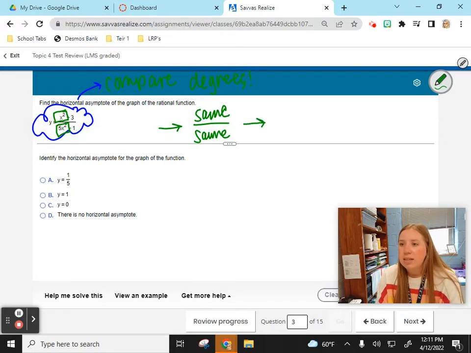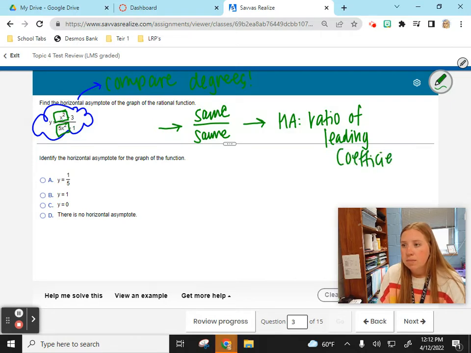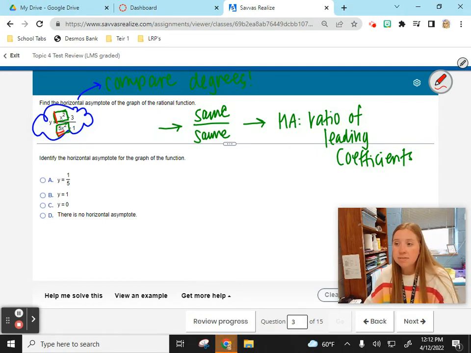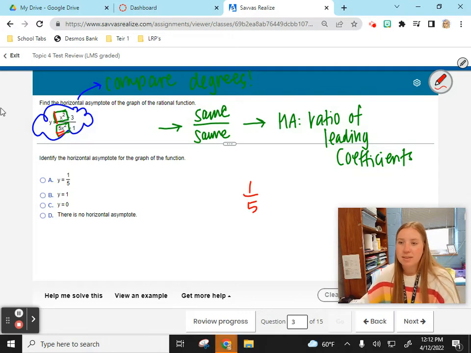And when we have this, that means that the horizontal asymptote is the ratio of leading coefficients. So the leading coefficient of my numerator is 1. The leading coefficient of my denominator is 5. Therefore, my horizontal asymptote is 1/5.